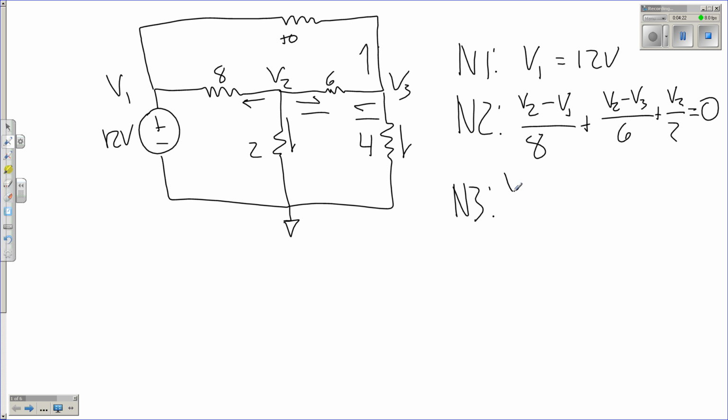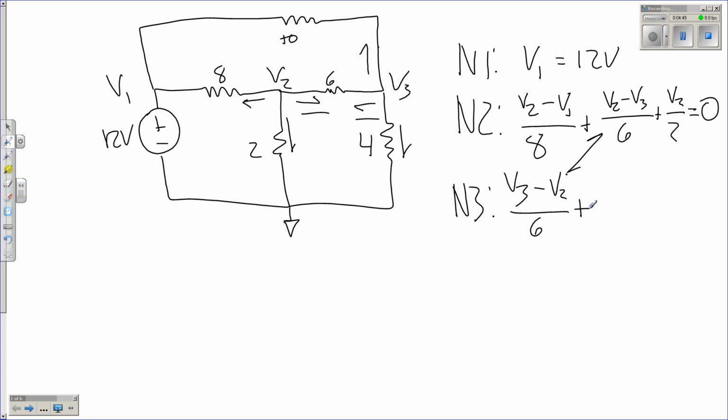So what I can say is V3 minus V2 over 6 is that current, even though it contradicts what I have right there. One of those is going to be backwards. So either V2 is going to be bigger than V3 or vice versa, and then one of these will be negative. That's just fine. Just be consistent.